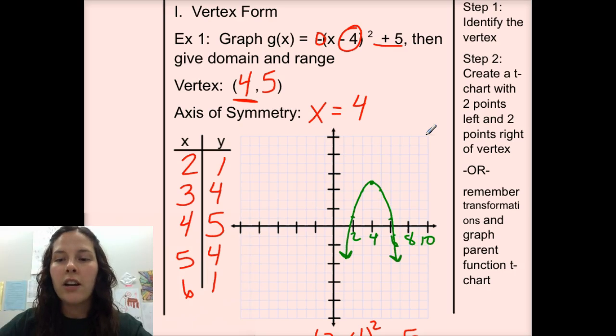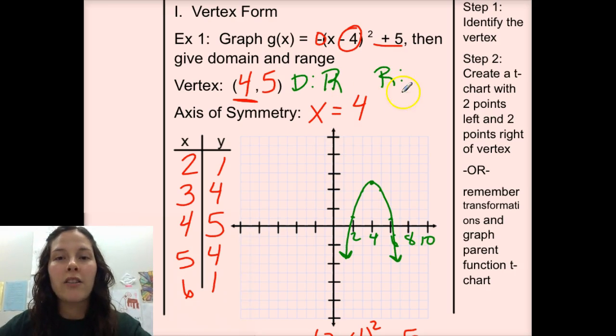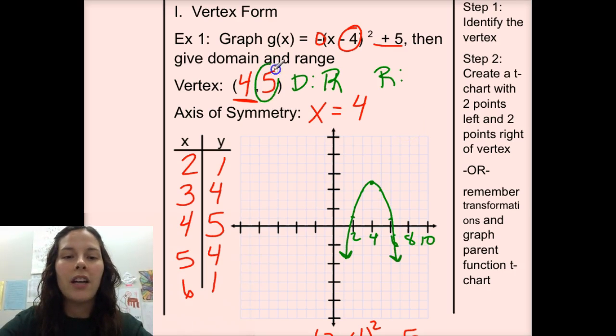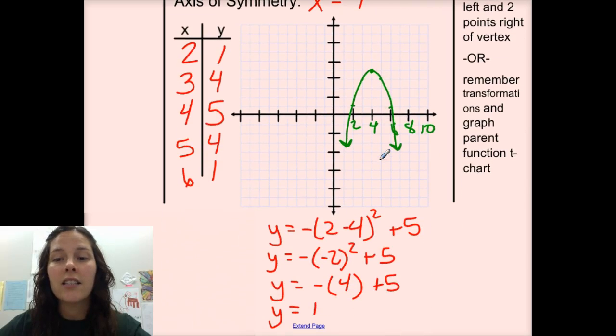Domain for any quadratic function is all real numbers. The range for a quadratic function will be greater than or equal to or less than or equal to the y value of the critical point. The vertex of the quadratic function is where the graph changes, in our case, from increasing to decreasing.